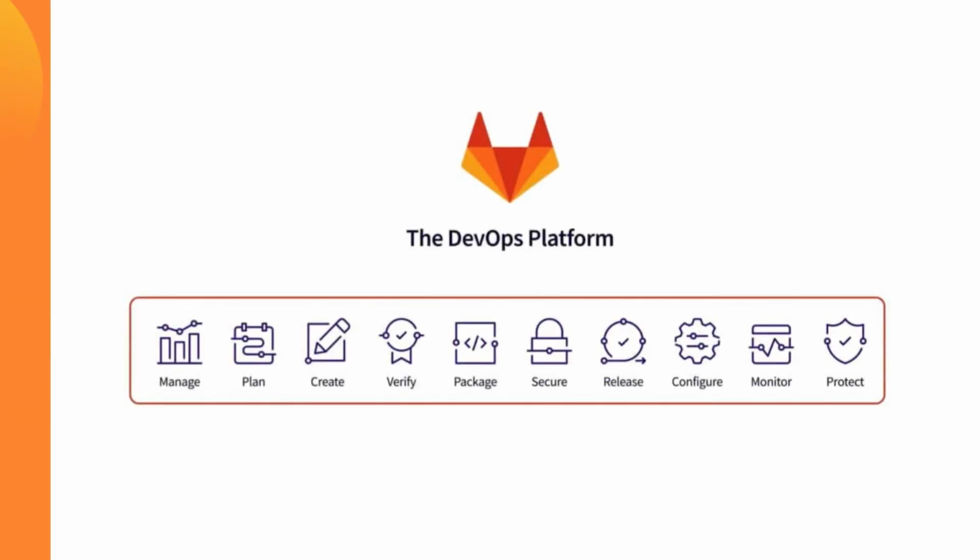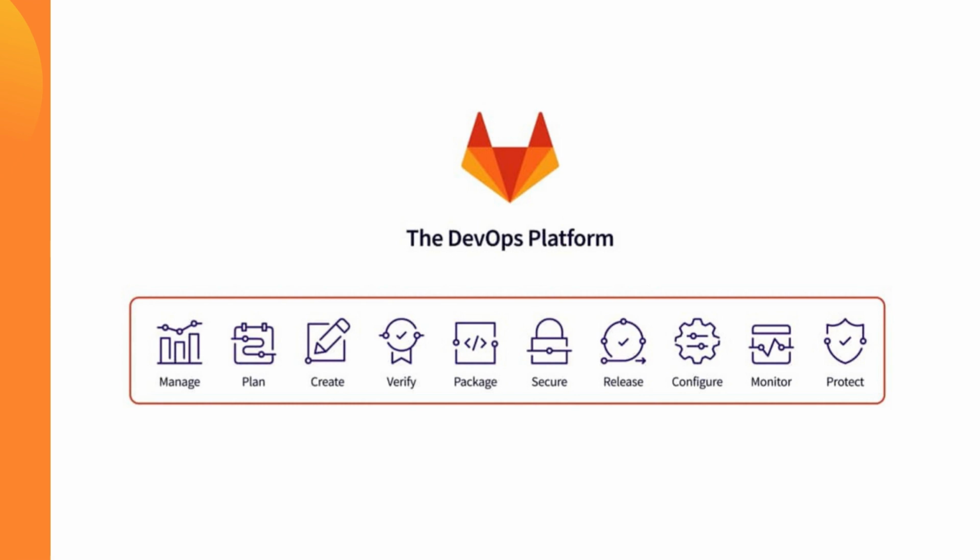GitLab is the DevOps platform or a DevOps platform primarily used to manage software and then like plan it or like create issues around that software, creating or developing the software. You can verify and do automated testing of software.